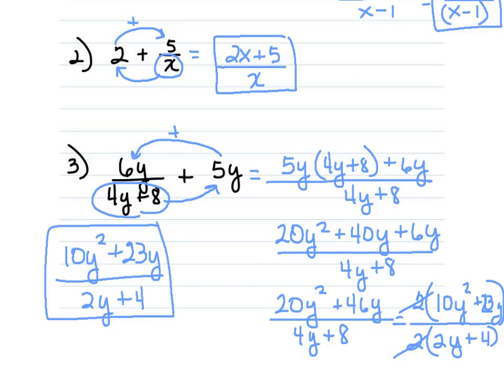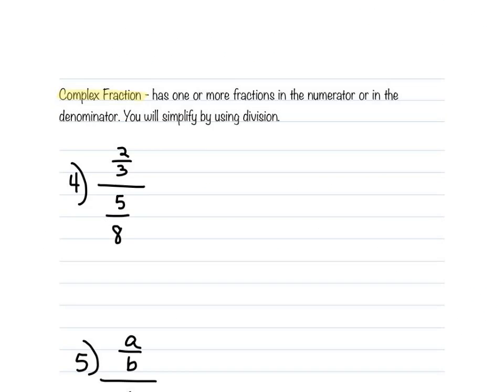All right, let's look at complex fractions now. A complex fraction, by definition, has one or more fractions, either in the numerator or in the denominator. And the way we simplify is by using division. So let's look at this numerical complex fraction, 2/3 over 5/8. What I want you to think about is that this means divide.